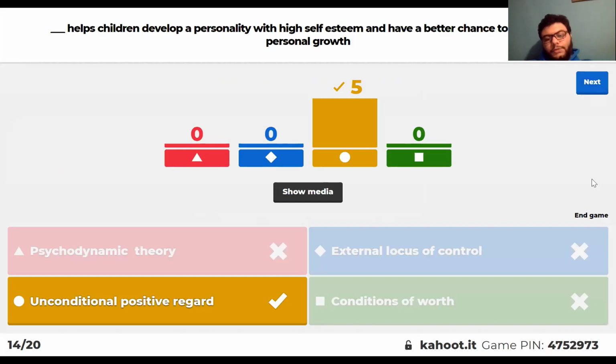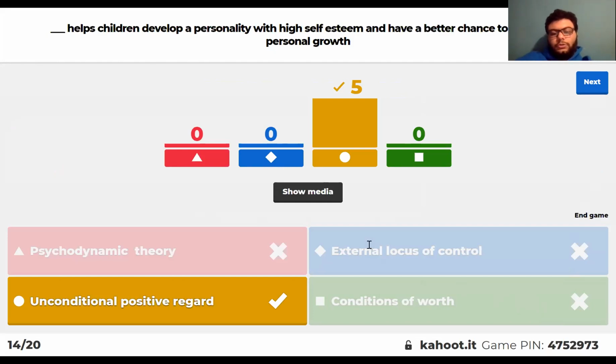Awesome. So conditions of worth would most likely lower self-esteem because a person feels like something is dependent on something. So like my mother only loves me because I clean the dishes or I clean my room.